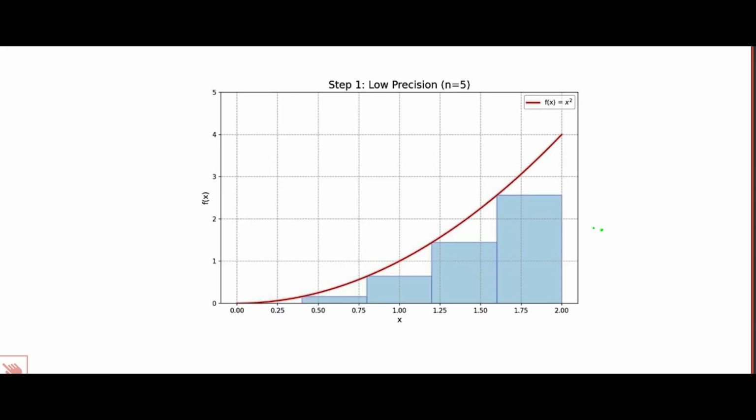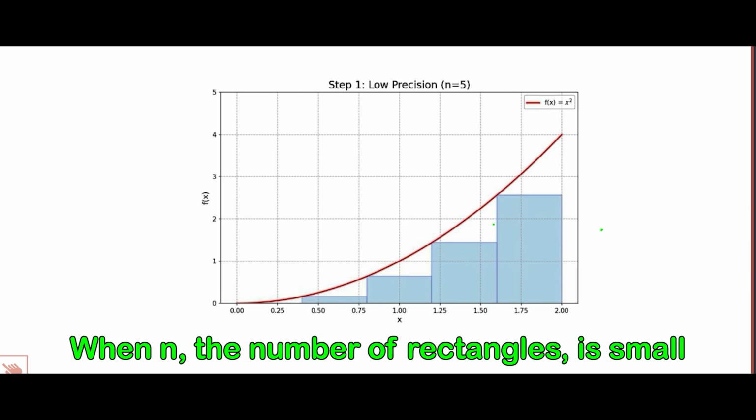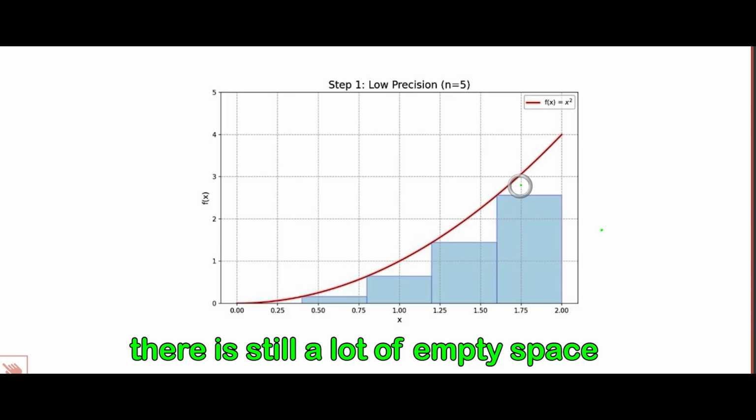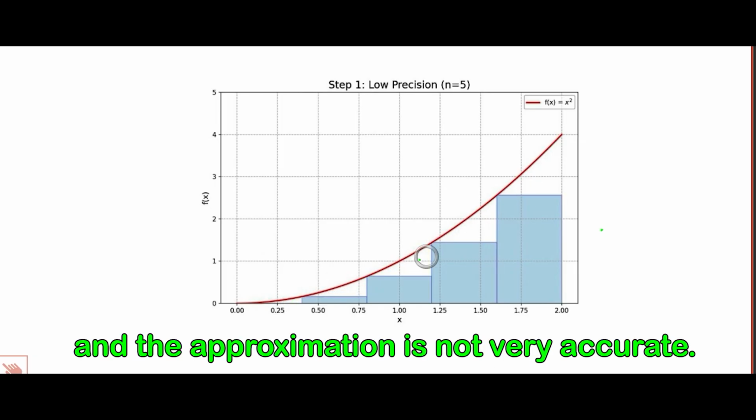But pay close attention here. When n, the number of rectangles, is small, for example in this curve n equals 5, 1, 2, 3, 4, and 5, right? there is still a lot of empty space, like here, and here, and the approximation is not very accurate.